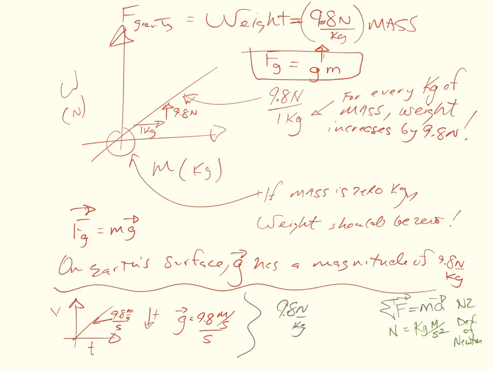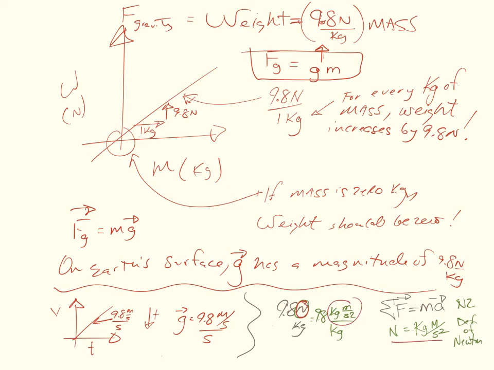So if I plug that in for newtons, I get 9.8 kilograms meters per second squared over kilograms. All I did was plug in for newtons based on our definition.